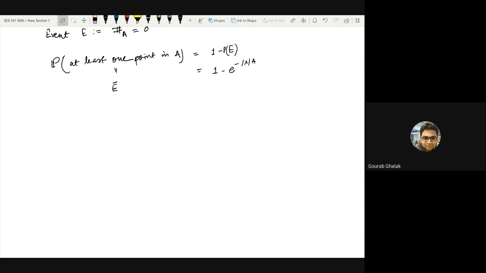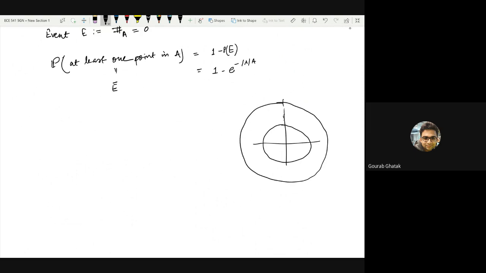So given that at least one point is in A, you have to find out the distance distribution to the nearest point. So let's, for that matter, let's again go to the same methodology which we have used to derive, which means that let that nearest point which we are finding, the distribution of which we are trying to find out, be located at a distance of x, right? Which means the distance of this guy from the center is x.